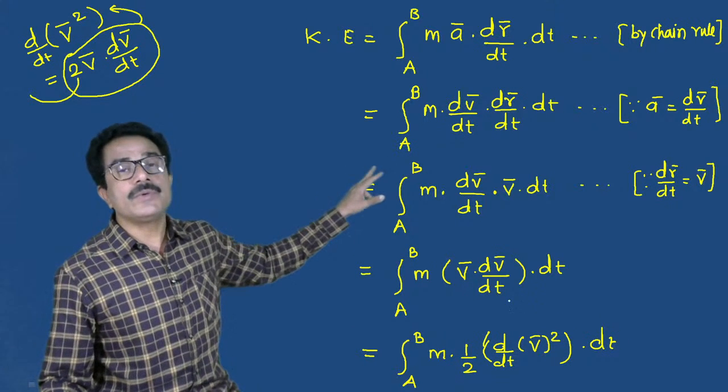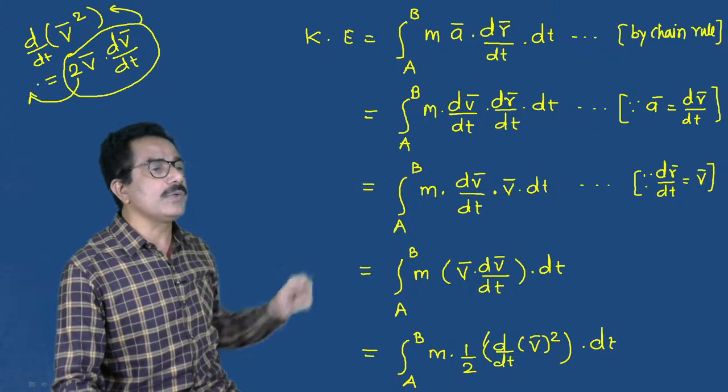See this, v into dv can be written as 1 by 2 into d by dt of v bar square.